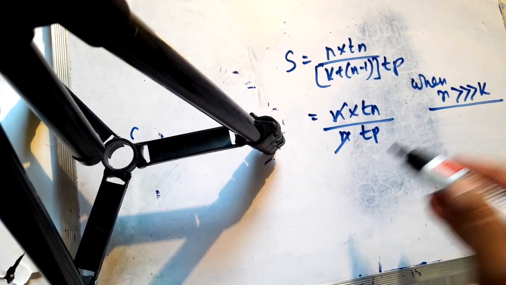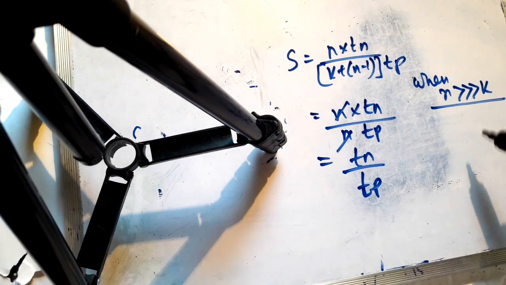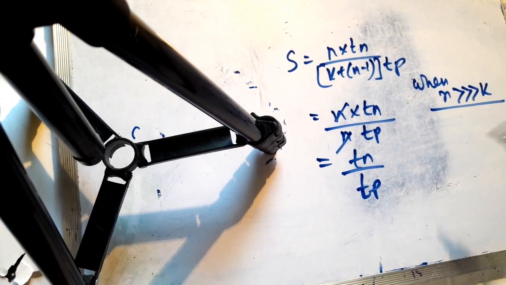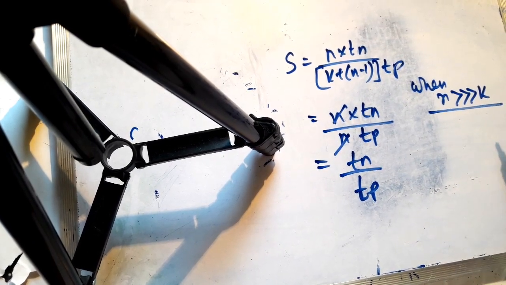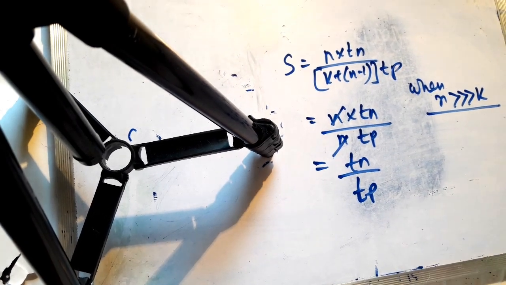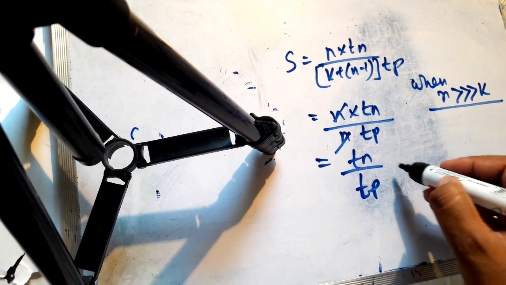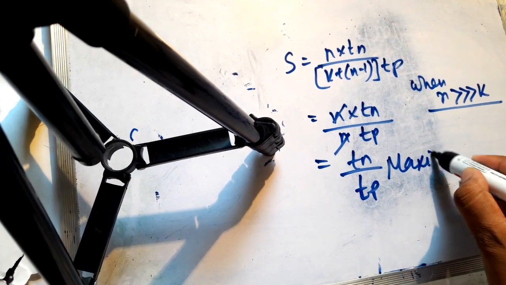So the maximum speed up that can be achieved is Tn by Tp. This is the formula to find the maximum speed up when the number of tasks is greater than k. Suppose 1000 tasks are given and the segments are 4, then we can ignore the k and only put n.